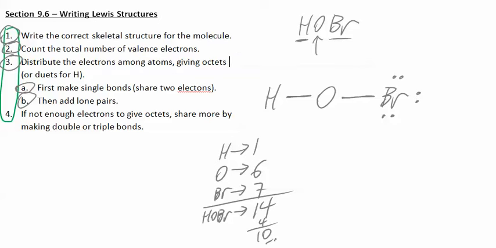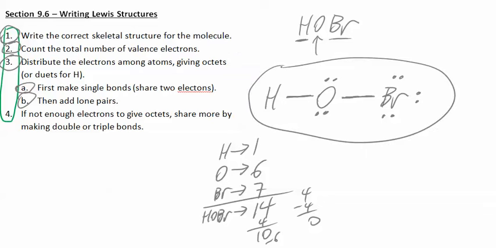Now I've used up 6 electrons, so I have 4 left. Oxygen is sharing 4, so it needs 4 more to have 8. That takes care of all of our electrons, gives everybody an octet, and that is the Lewis structure for hypobromous acid.